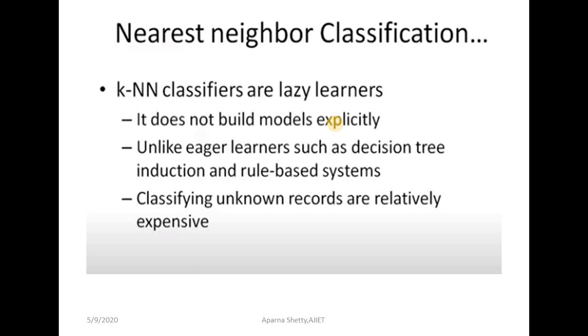Directly they will classify the test examples without building the model, unlike eager learners such as decision tree induction and rule based systems. Here, decision tree induction and rule based systems, as soon as they get the training data, will construct the model, and then they will use that model to classify the test data. Here it is not that case.